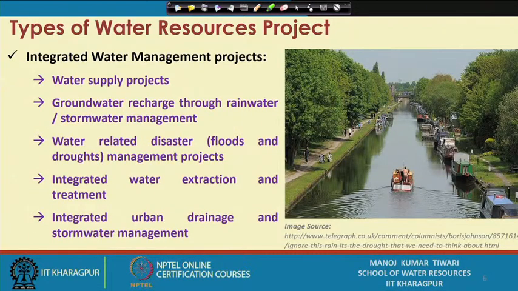Further, there could be integrated water management projects, where more than one aspect of water is combined together, like surface water supply projects involving both groundwater and surface water. The groundwater recharge through rainwater or storm water management, the water related disaster management. This is again a huge area where flood control or drought mitigation or drought prevention measures are taken.